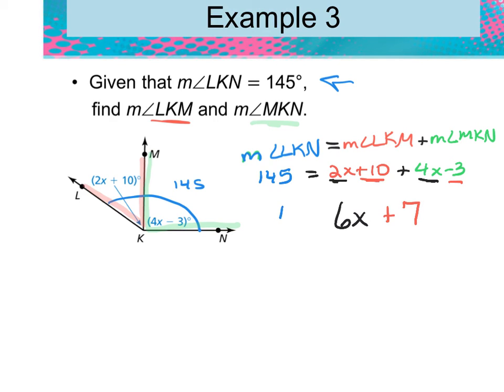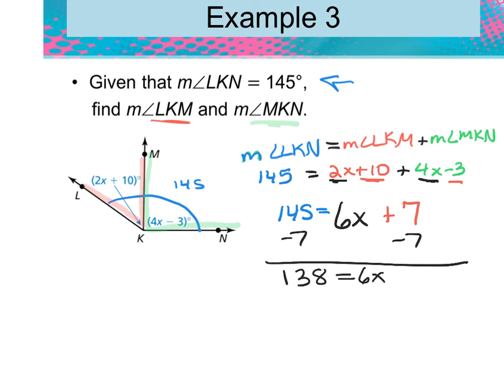And then drop down the 145. Move the 7. 138 equals 6x. Divide both sides by 6. And x equals 23. I'm doing 138 divided by 6. 2, 12, 1, 8, and 3.